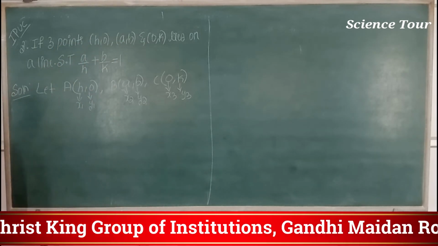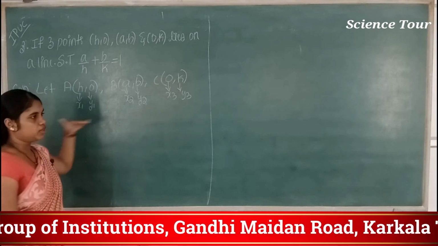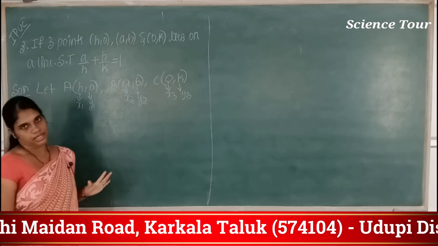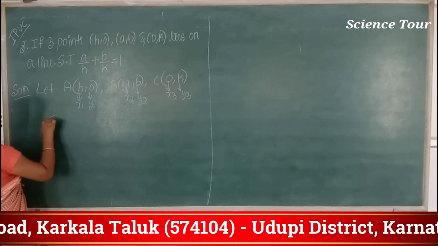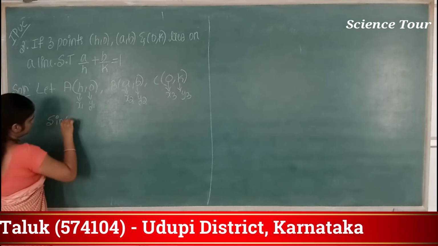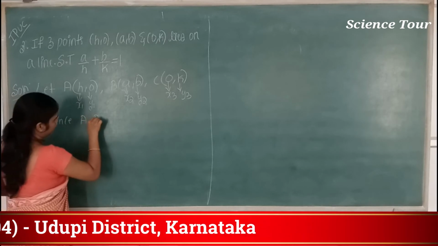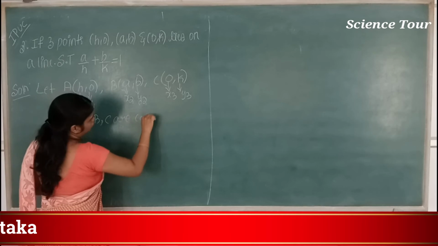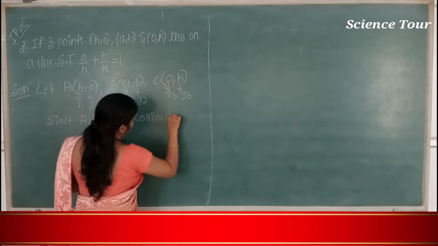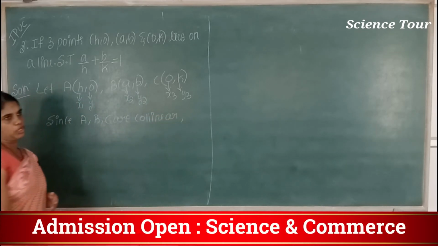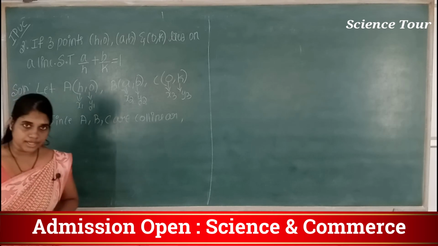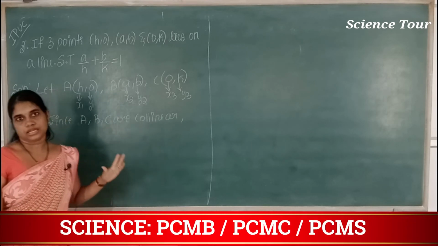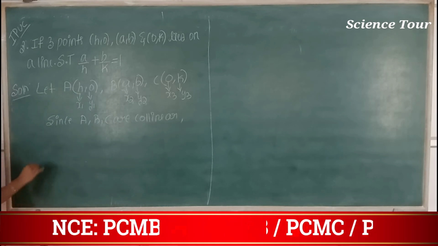That means the 3 points lie on the same line, so these 3 points are collinear. Since points A, B, C are collinear, we can say that the area of the triangle ABC is equal to 0, isn't it?